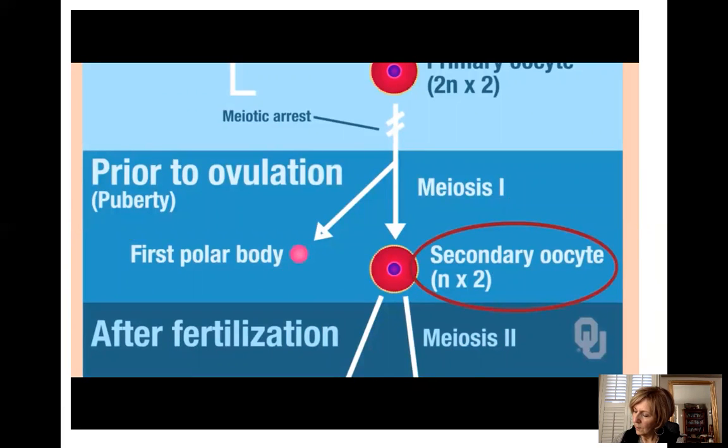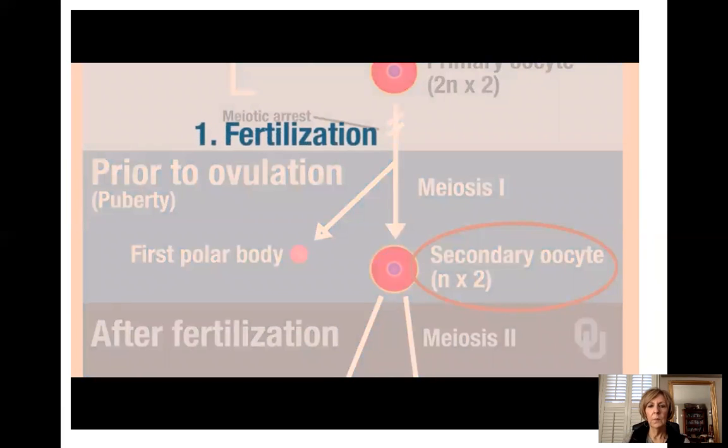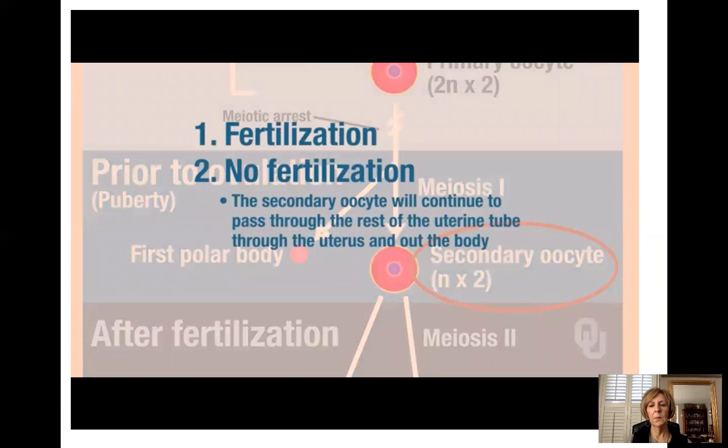When the secondary oocyte gets into the uterine tube, one of two things can happen. Fertilization could occur, considering there's sperm in the uterine tube, or fertilization might not happen. If no fertilization occurs, then the secondary oocyte will continue to pass through the rest of the uterine tube, through the uterus, and out the body.